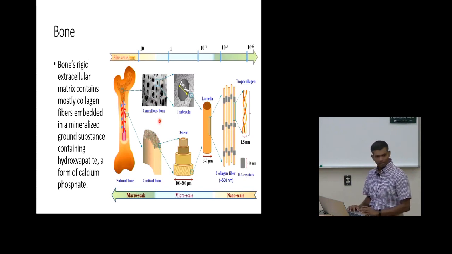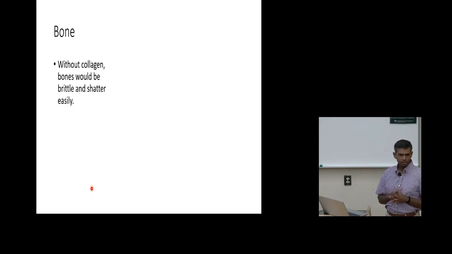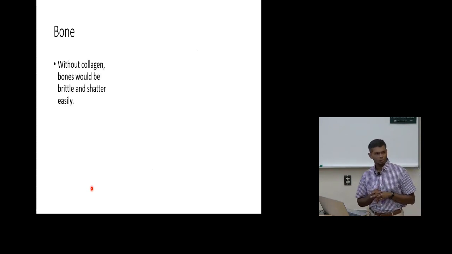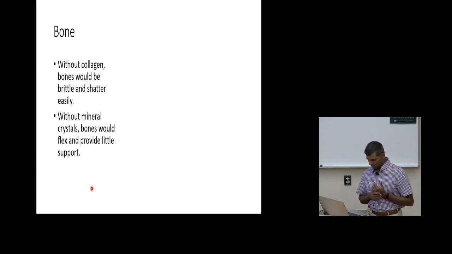Regardless of their structure, if you look at the nanoscale architecture, the matrix is made up of collagen fibers, and in these collagen fibers you have hydroxyapatite crystals, which are made up of calcium phosphate. Both are important, because if you were to take away the collagen, the bone will be super brittle and just shatter. But without the minerals, the bones will offer very little support.